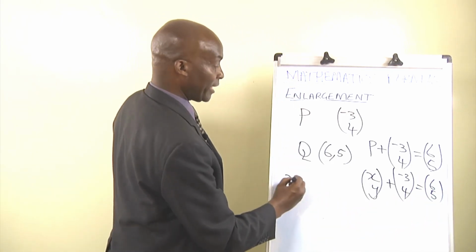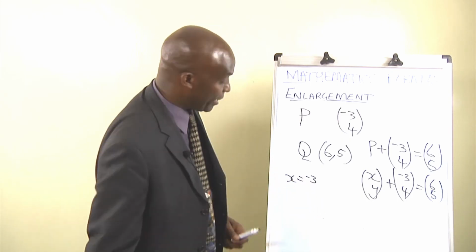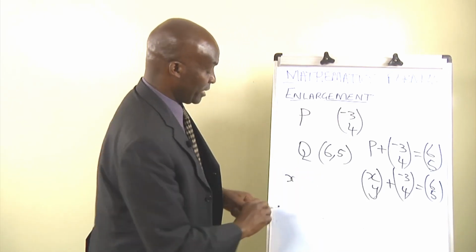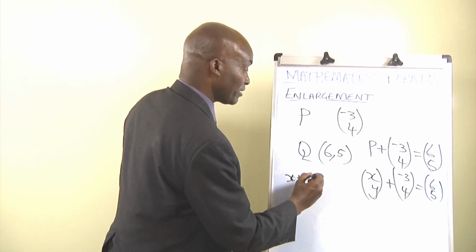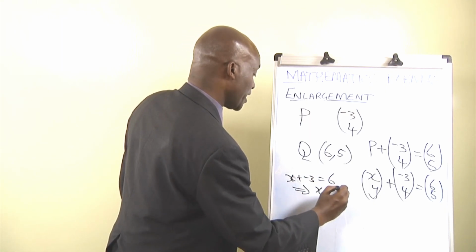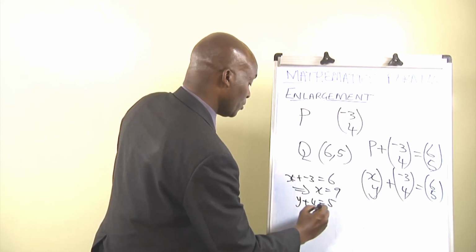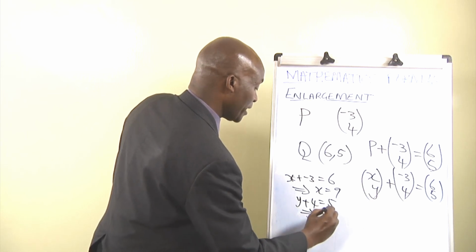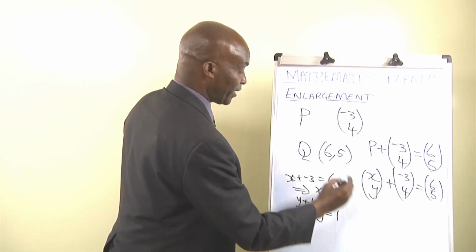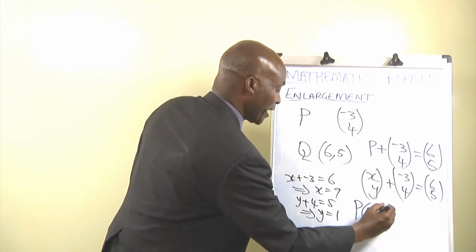Therefore, x plus -3 is equal to 6, which implies that x is equal to 9, and y plus 4 is equal to 5, which implies that y is equal to 1. Therefore, the coordinates of P will be 9, 1.